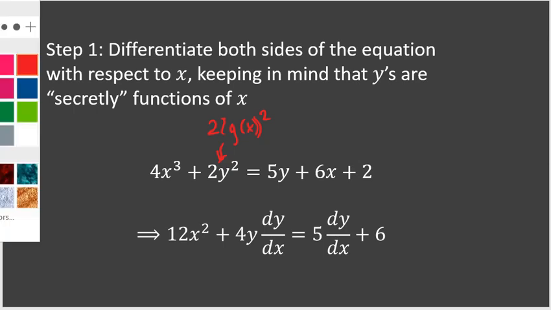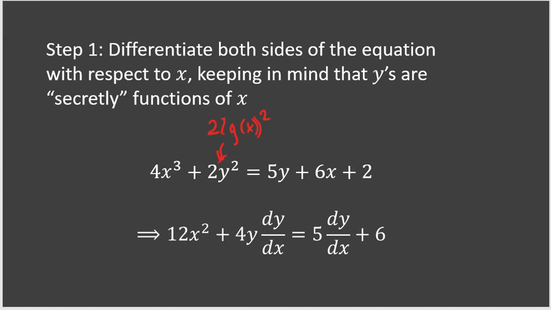So that 2 that's in the exponent is going to come down. This is what we get as a result of taking the derivative of the 2y squared here.